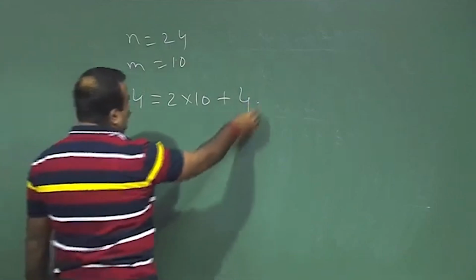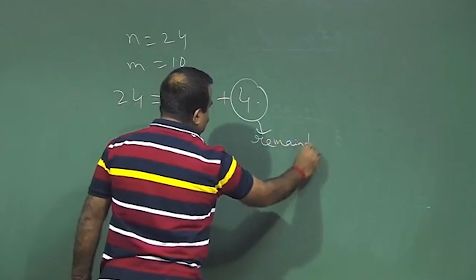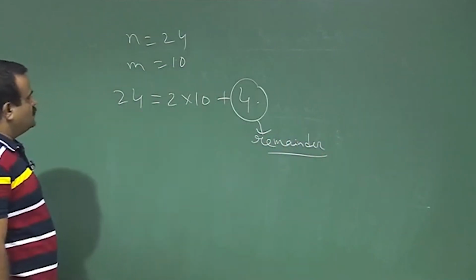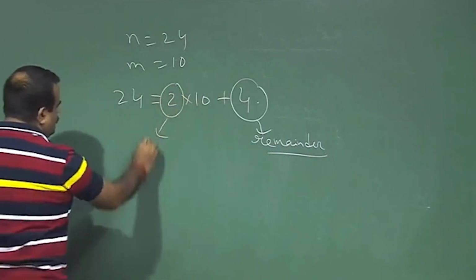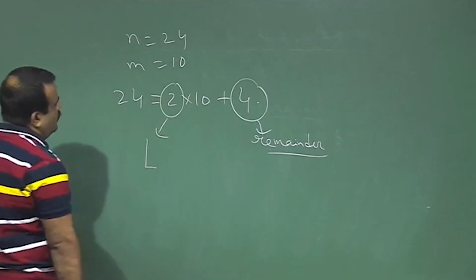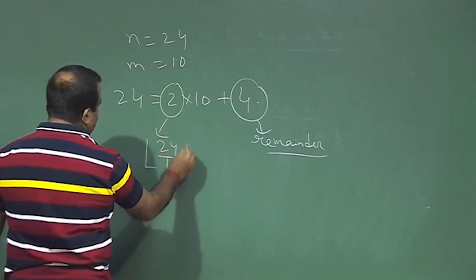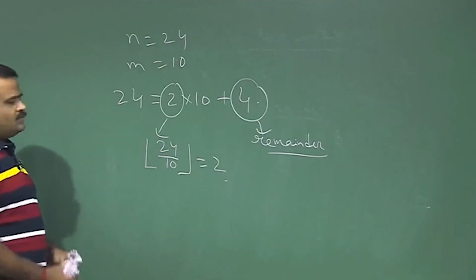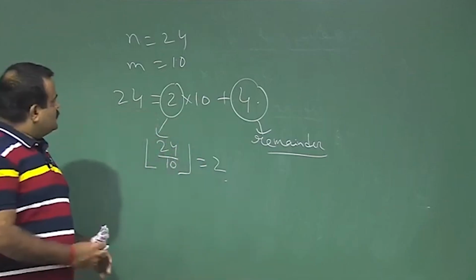So, this 4 is basically r, the remainder, which is less than 10 and greater than or equal to 0, and this 2 is basically our q, which is the floor of 24 by 10. So, this is basically 2. Okay. So, if we have any two integers, we can always do this.